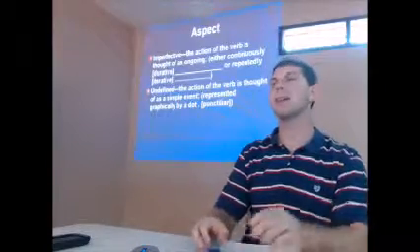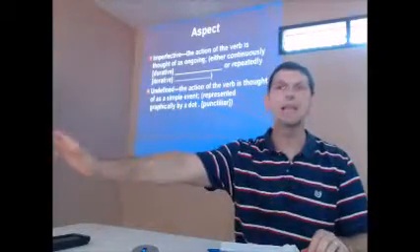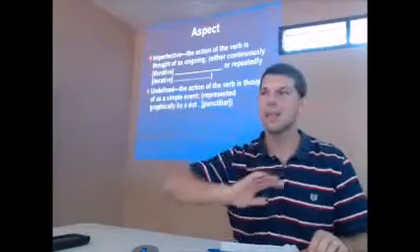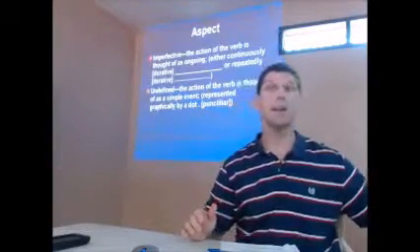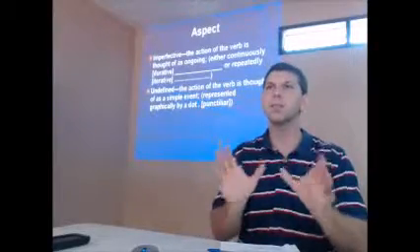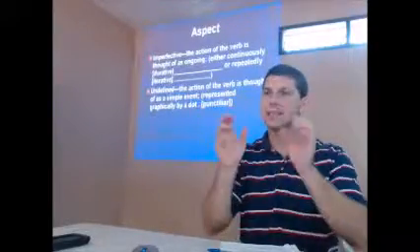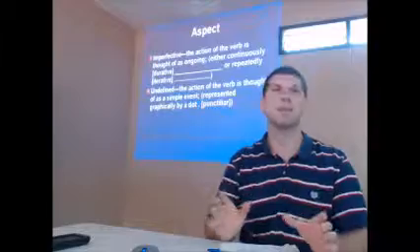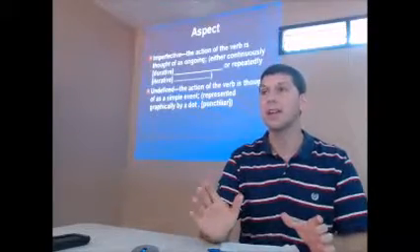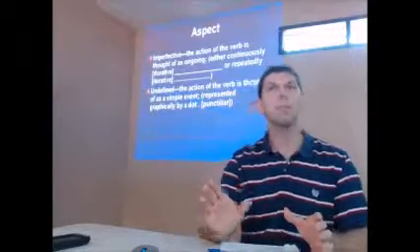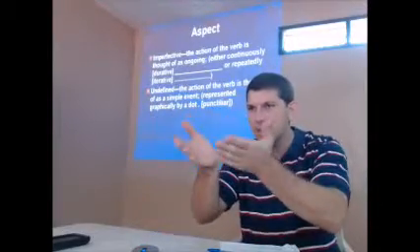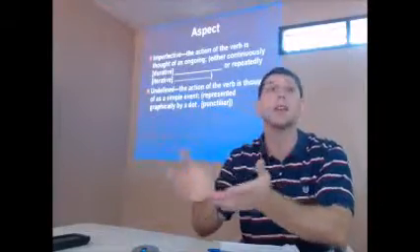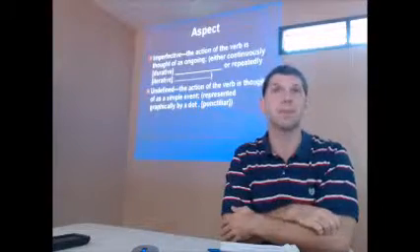We're not saying that this is something that happens a lot or that this is something that happens on a regular basis. We're not saying it happened there and it's continued. We're just looking at the action as a dot. It's a one-time action. That does not mean that it only happened once. But what we're trying to communicate is that we're focusing on that particular event at that particular time. Do you follow what I'm saying?